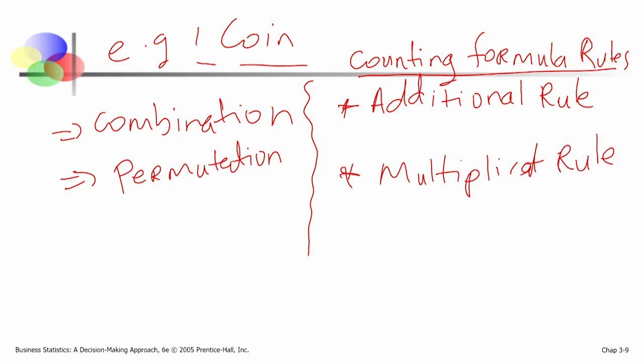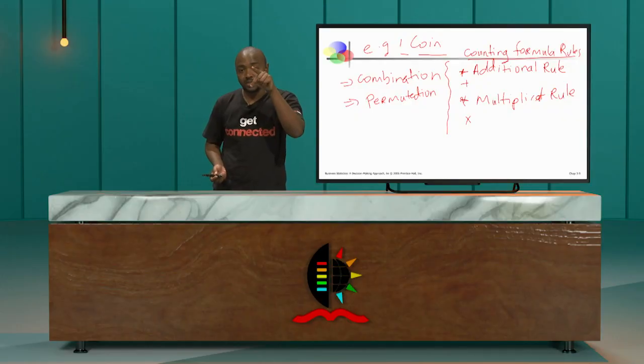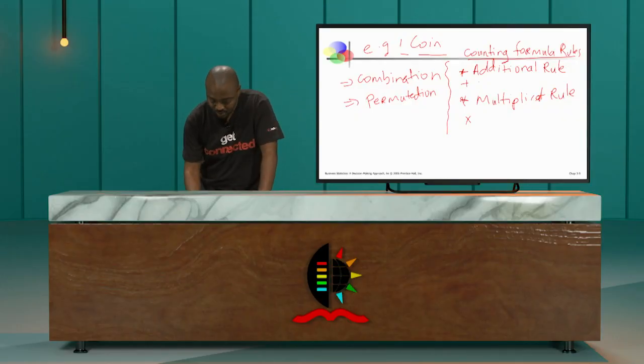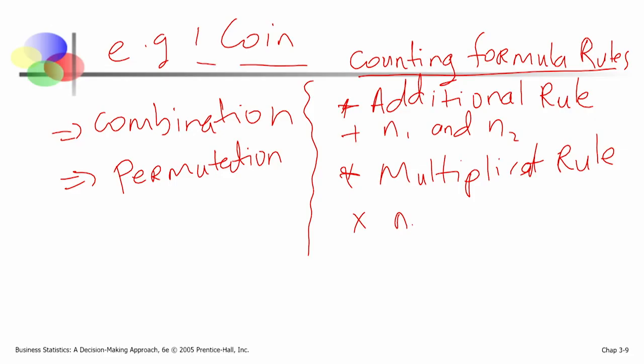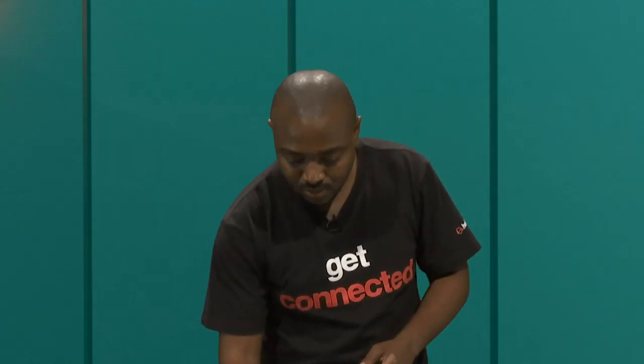Like the word says, addition rule, you're adding; multiplication rule, there's multiplication involved. So let's say you've got two experiments, experiment 1 and experiment 2. If your experiments can be done simultaneously, you use the multiplication rule.